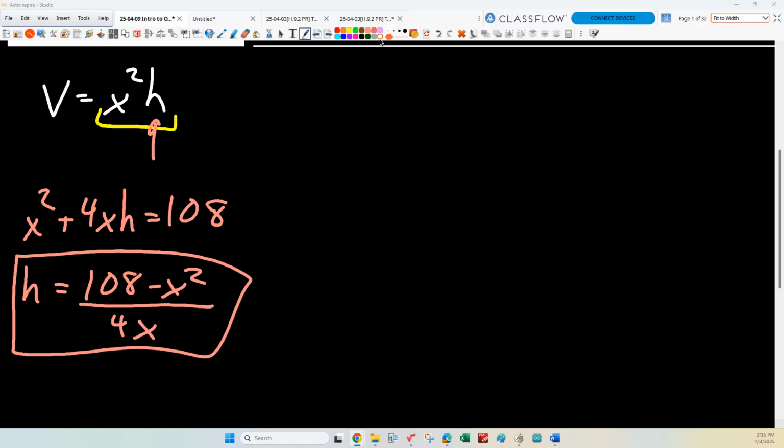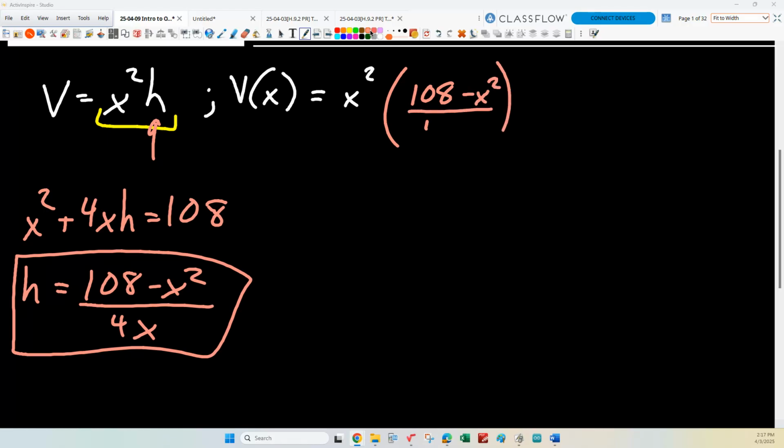So that means that V, now as a function of x, is going to equal x squared times h. Right? So if I distribute the x squared, what do we get?